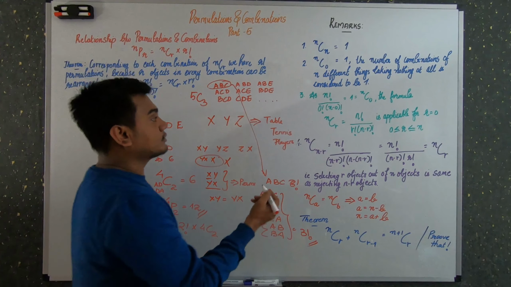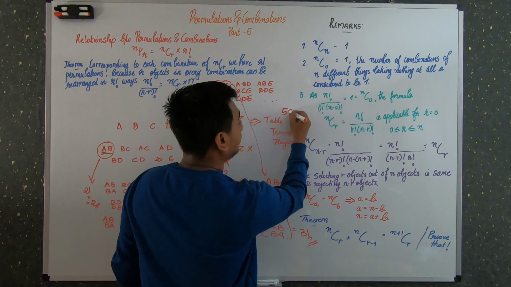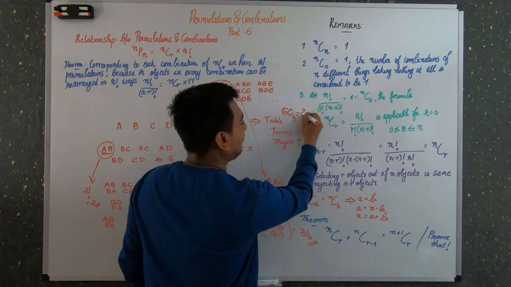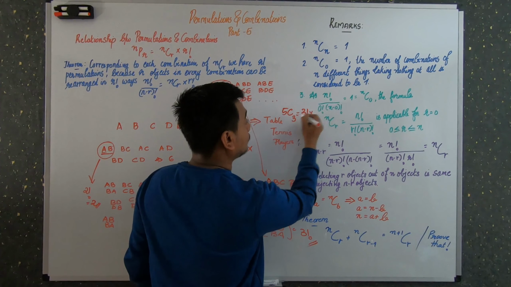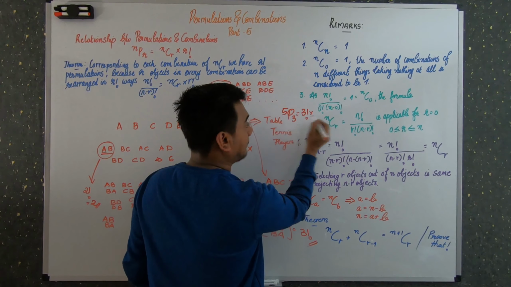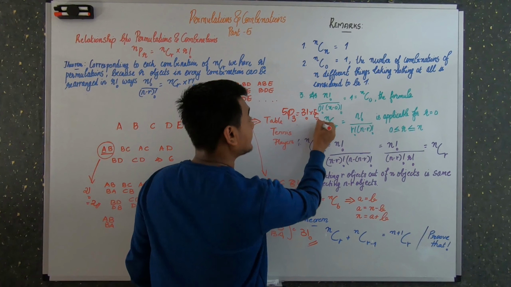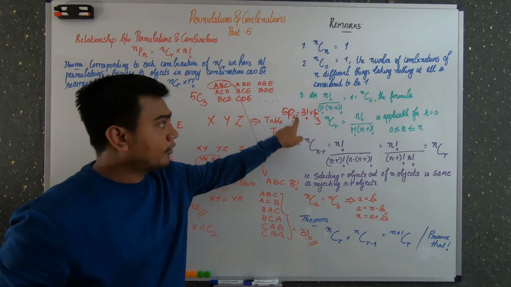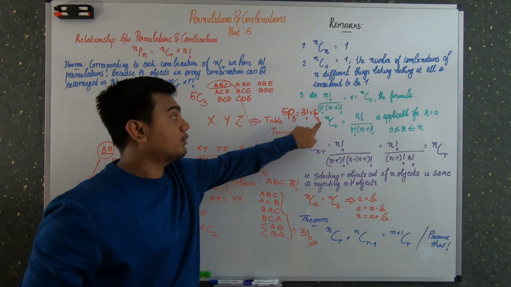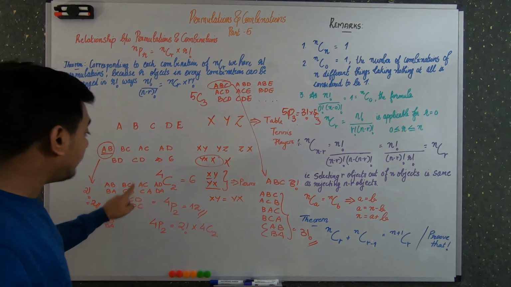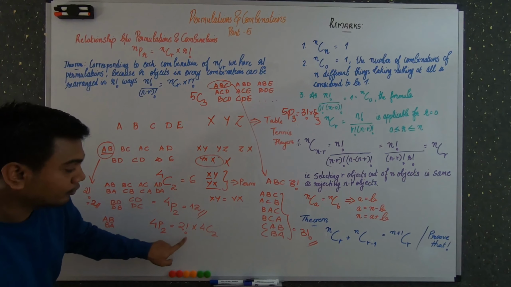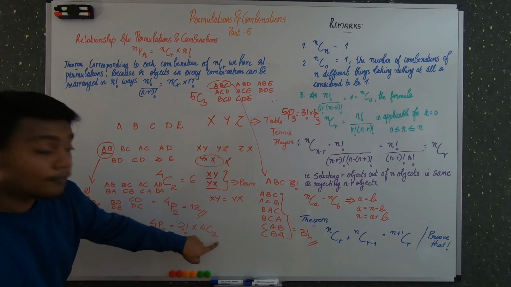So what you can say is that 5P3 is the same as 3 factorial into 5C3. So now you have 5P3 is equal to 3 factorial into 5C3. In the previous problem you got 4P2 is equal to 2 factorial into 4C2.